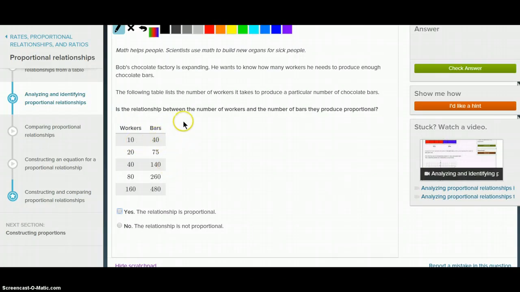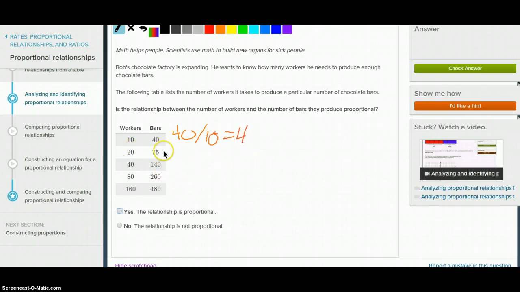So we'll do bars per worker. So that would be bars over worker. Okay, so bars over worker over here, that would be 40 divided by 10, which would equal 4. So this is saying that for every one worker, they can make 4 chocolate bars.